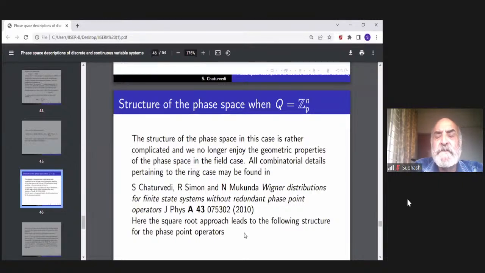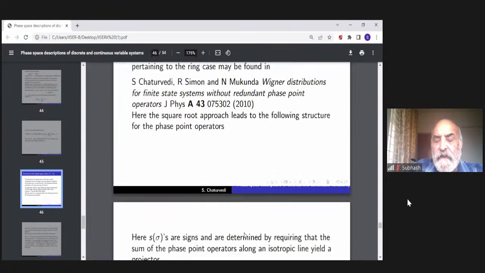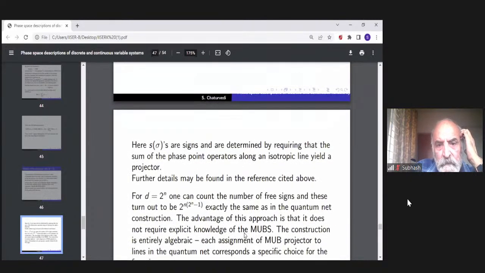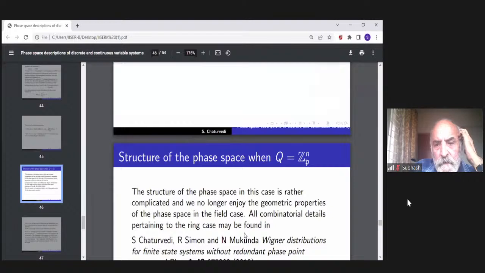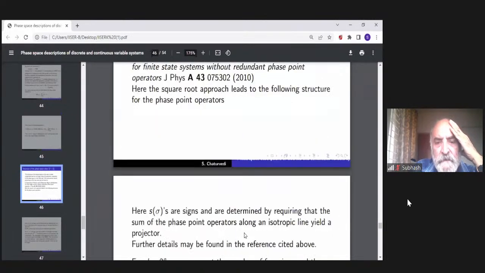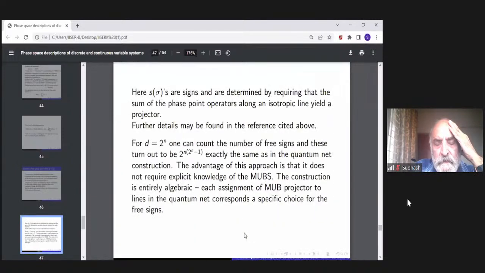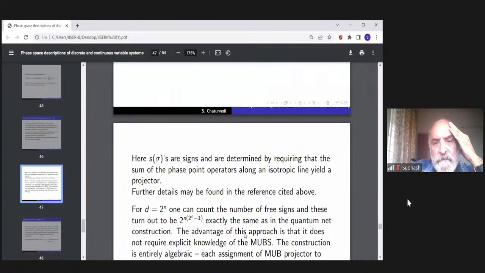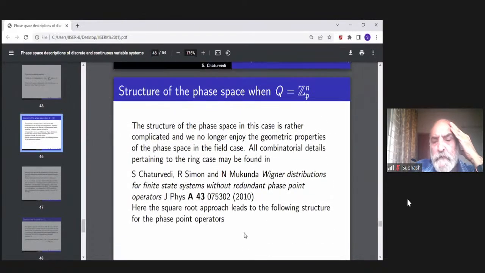But here, the basic strategy is to construct the phase point operators first by following that square root approach, and then construct the projectors. I will not spend more time on it.